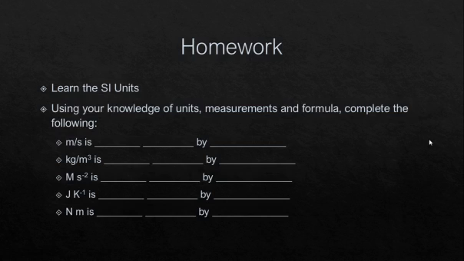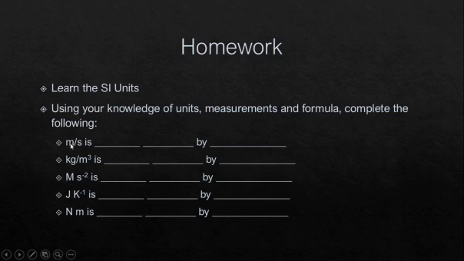So this is the start of your homework question. So first off is go back to the slide and learn the SI units. That's an important thing, and you'll be asked those in tests on physics. So then, using your knowledge of units, measurements and formula, complete the following. So this is meters per second, and what this is in maths, this is meters divided by seconds.